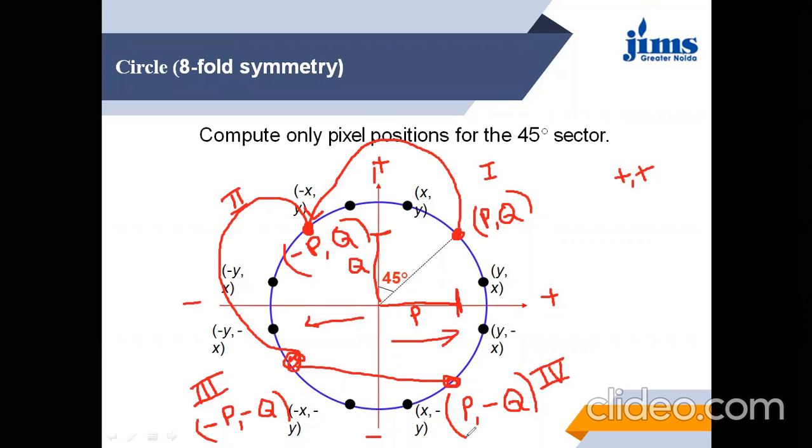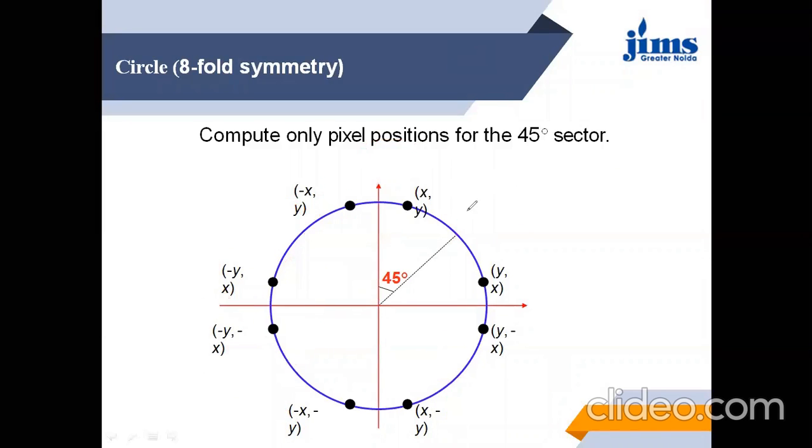This is the beauty of a circle, that the mapping of a point in all the quadrants will be the same, only the values of the coordinates, either x or y, are going to change. So suppose I have this point, then I can find this point also, and this point also.